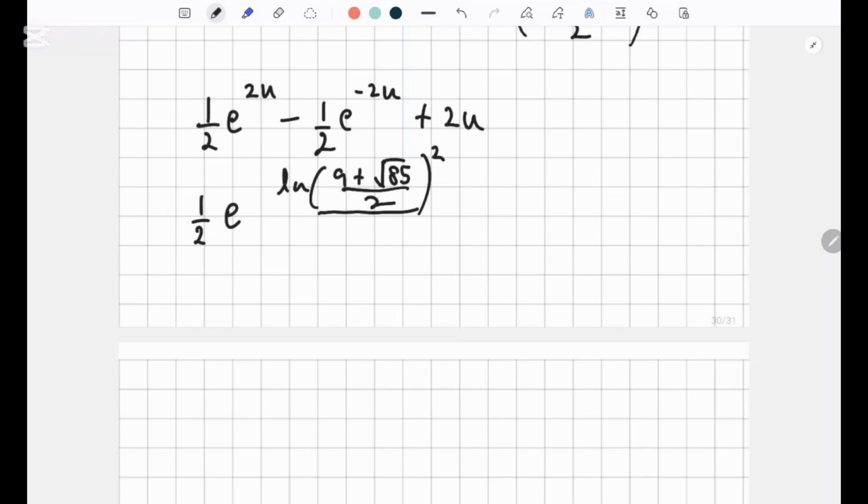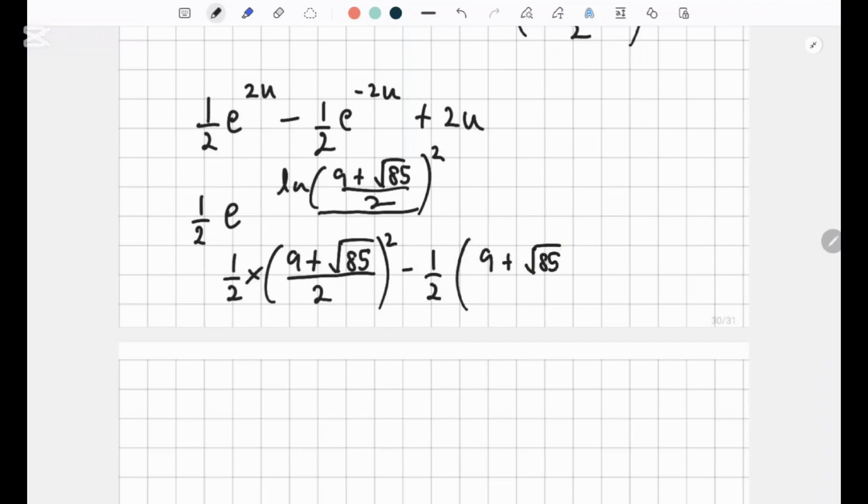So the answer for this would be half into 9 plus root 85 over 2 squared, minus half, same way, into, but this time it's minus 2, right? So it's 9 plus root 85 over 2 to the power minus 2.